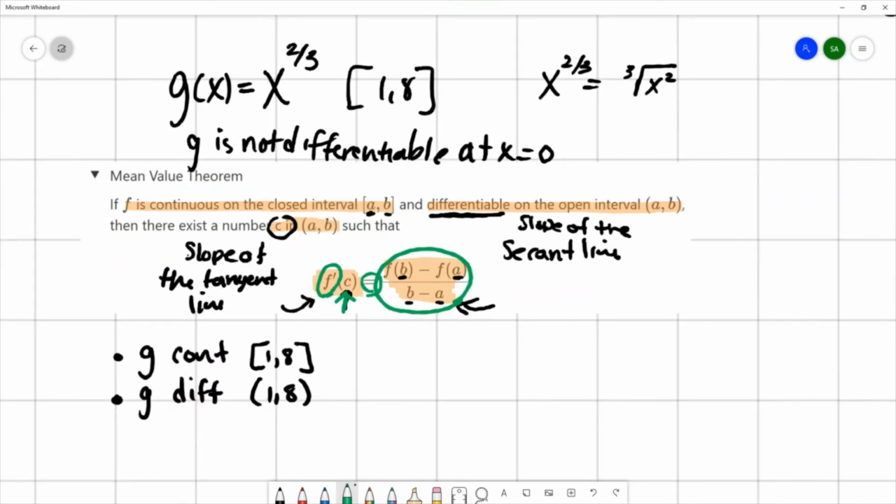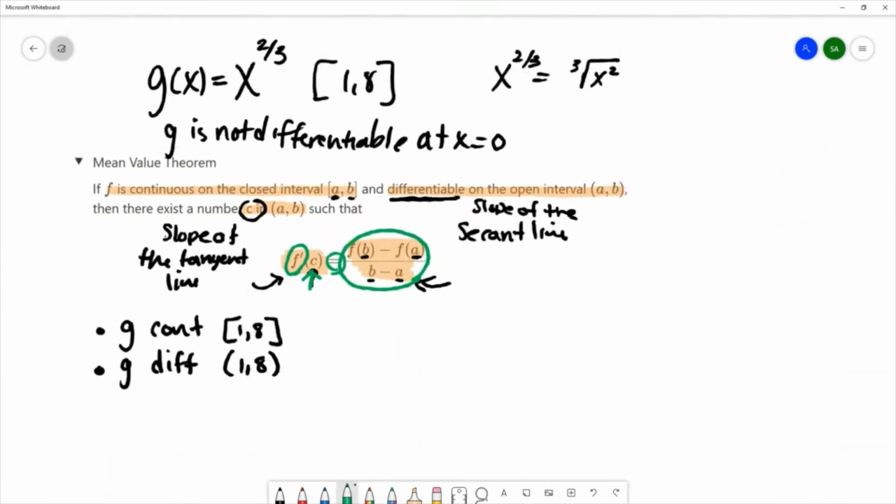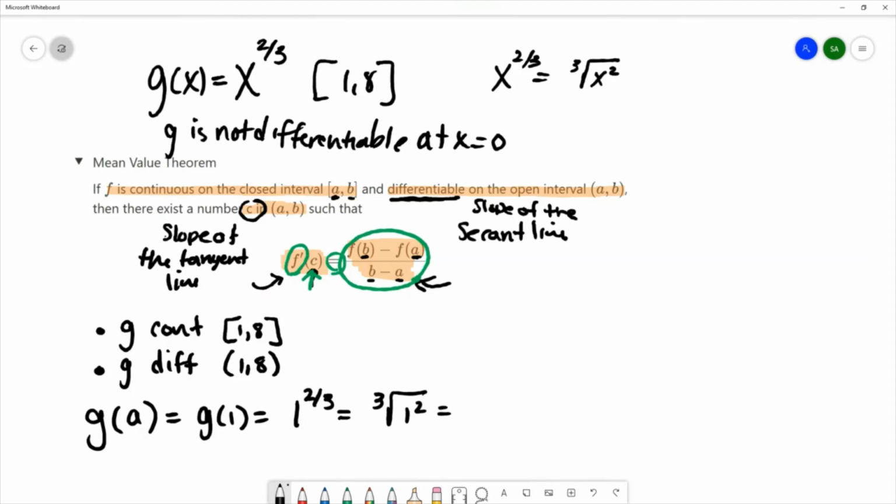So let's calculate the right-hand side by finding g of a. G of a would be g of 1. That's 1 to the 2/3 power, and that means the cube root of 1 squared, the cube root of 1, which is 1. And then we'll find g of b.